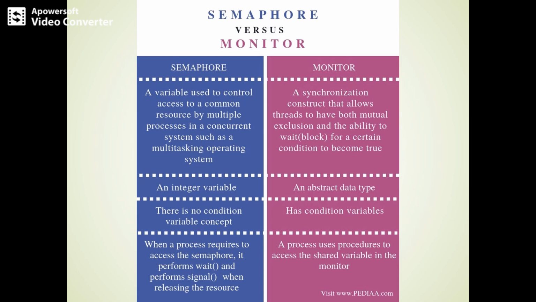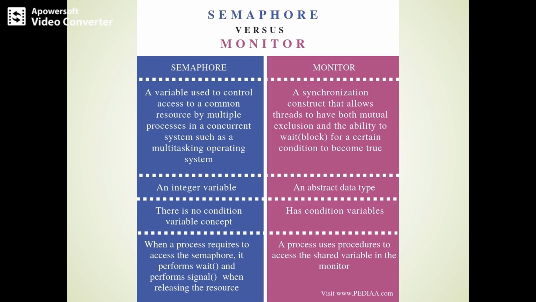But the basic drawback of semaphore is that shared variables are hidden in semaphore, but in a monitor shared variables are globally accessible, and access to the semaphore can come from anywhere in the program. That is also a drawback.